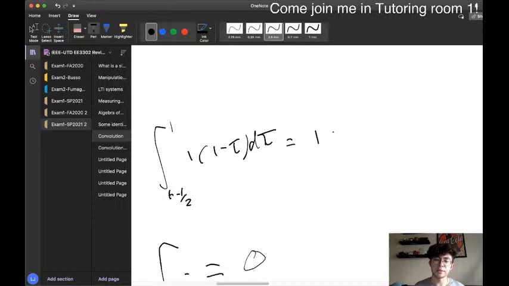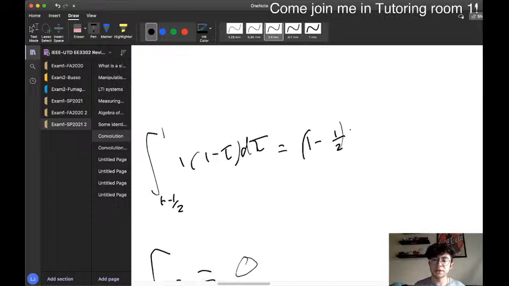So this is going to give us a very similar value. So this is going to be 1 minus 1/2, that's 1/2. And then this is going to be minus t minus 1/2 over 2.